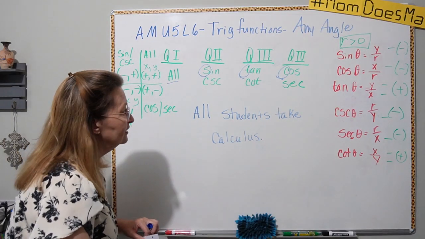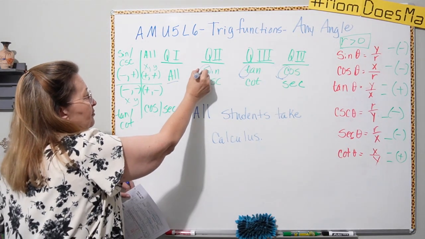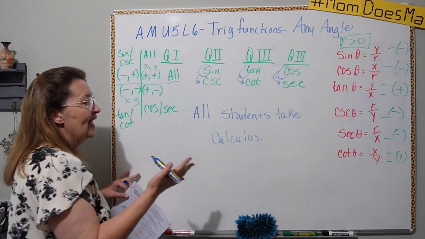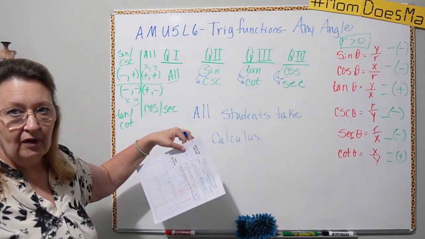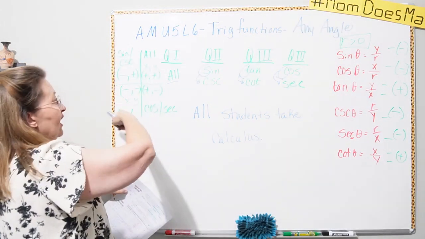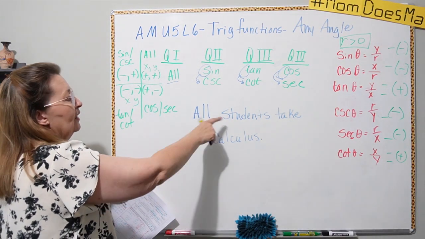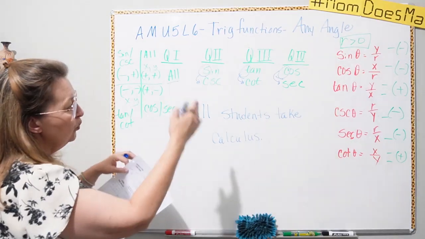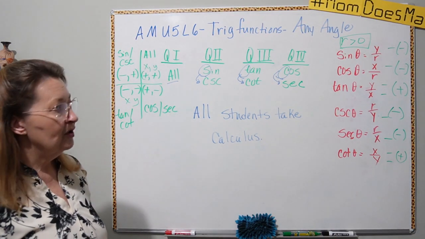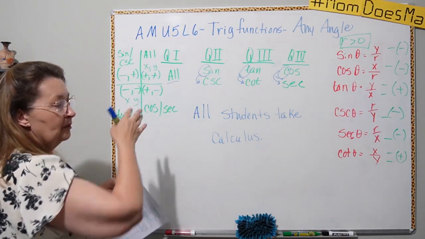So it's not perfect, but it does give you the first letter, and then you have to remember that the other function is that reciprocal function, okay? But this will help you. All students take calculus, and it goes counterclockwise. All students take calculus. Once you remember that, you can tell which ones are going to be positive, and that's going to be a big time saver because you're not going to try to figure out did you go left and down or left and up, okay?